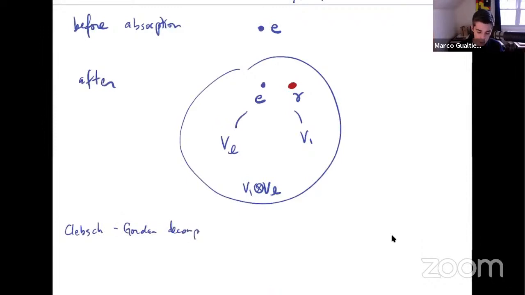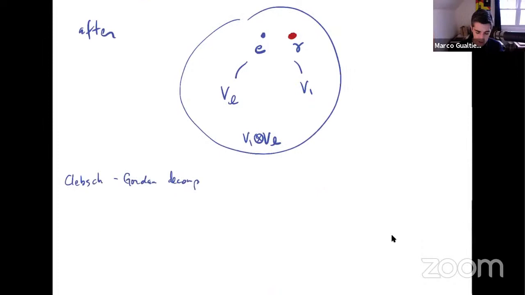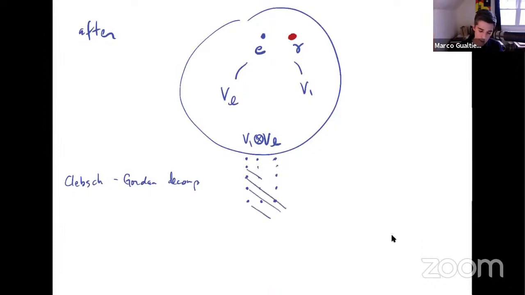Now if you use the Clebsch-Gordan decomposition, what do we have? Well, V1 looks like this, and VL has some highest weight L. When we tensor them together, we get this rectangle, and then we're supposed to sum up along the diagonals.